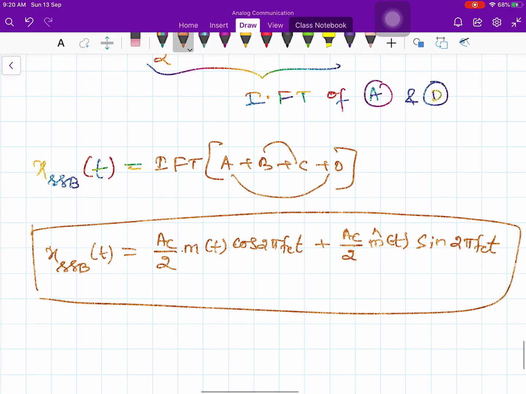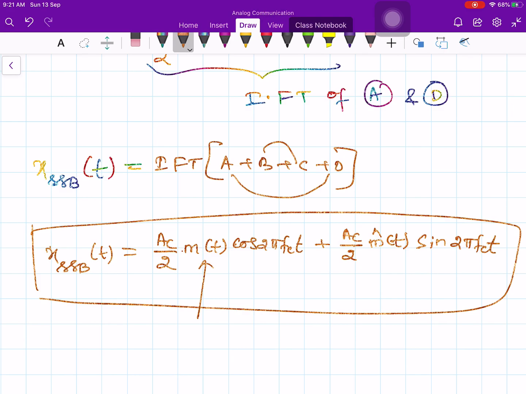So it gives me the closed form mathematical expression for the single sideband signal in terms of the message signal m of t and the carrier cos omega ct. Just like we had for the DSB signal, double sideband suppressed carrier signal. Very neat and interesting expression this one is. I hope you followed the derivation.